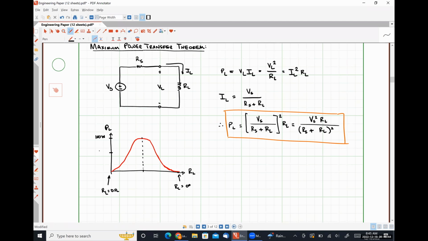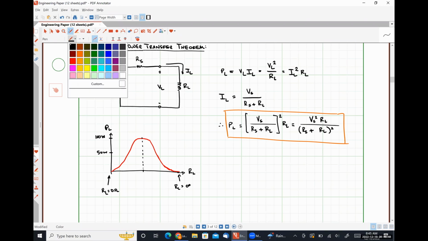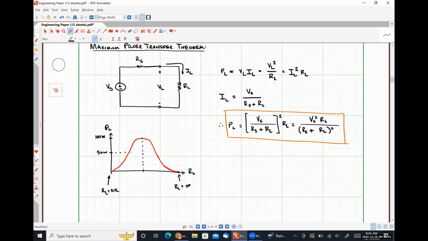But if we came down here to, let's say, 50 watts, there are two resistor values that satisfy this constraint. There's going to be one that's lower than our peak resistor value, and one that's greater than the value of the resistance that gives us maximum power transfer.